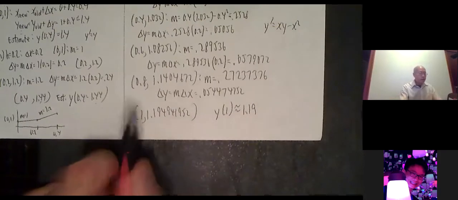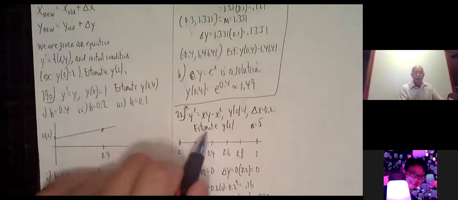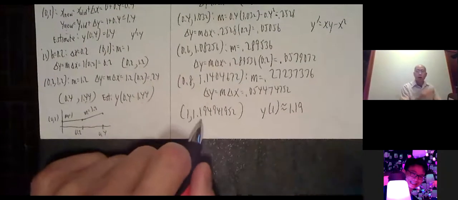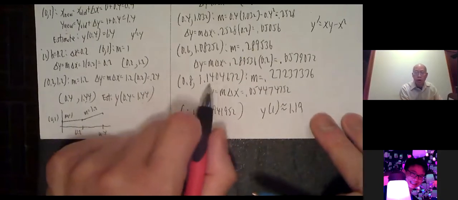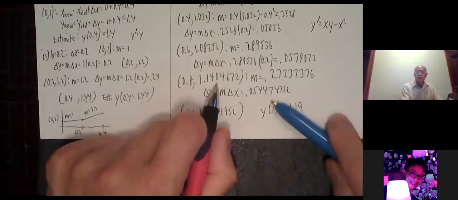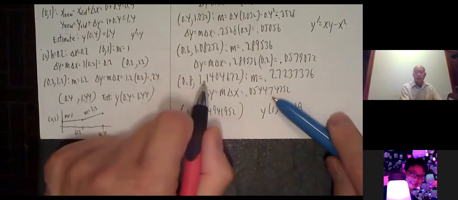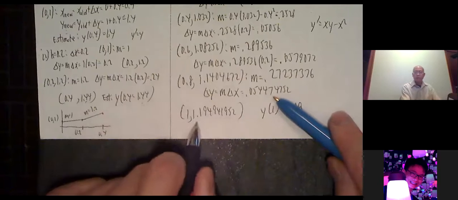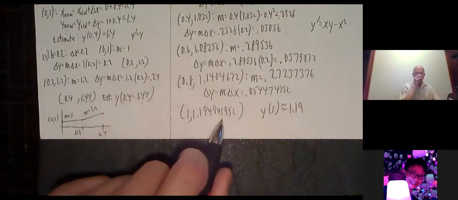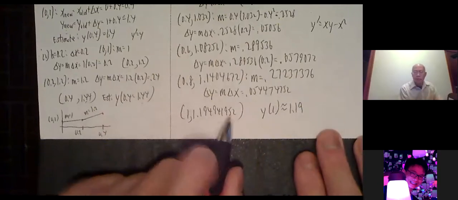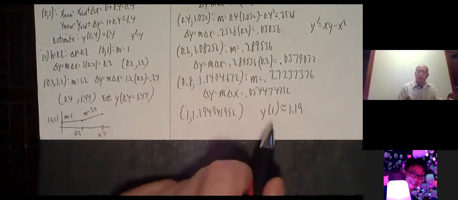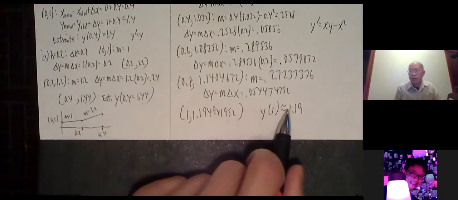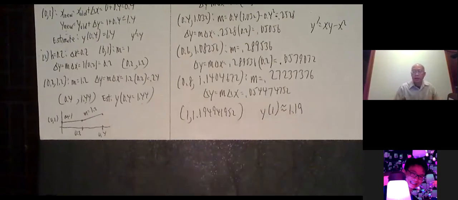Finally, I reached what I was looking for. Asked to estimate y of 1. So 1 comma, the new y is the old y plus delta y, right? So 1.14 and so on, plus 0.05 and so on, is that. So you can write it all out, but now you can afford to round off since we're done. So our estimate of y of 1 is approximately 1.19, and we'll just leave it at that.